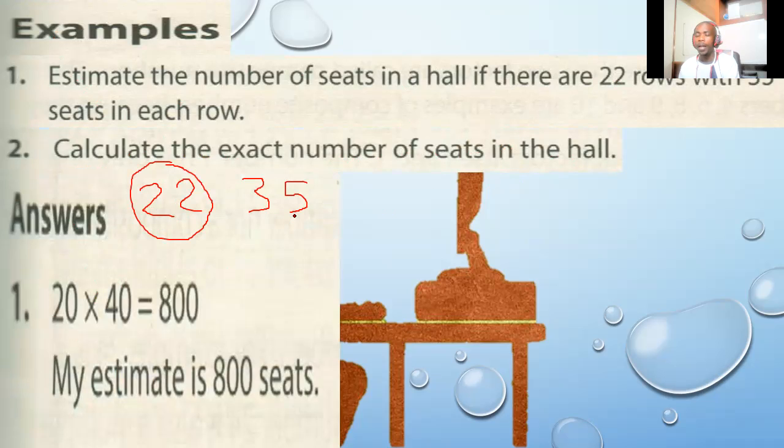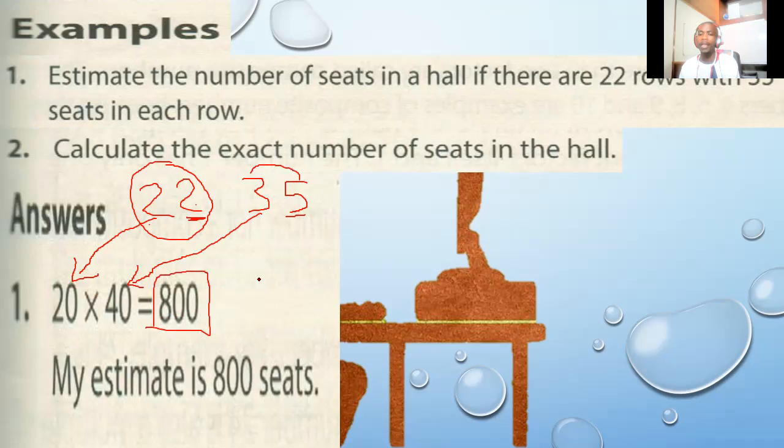If we round off this number, 2 is less than 5, so the tens does not change and this one becomes a 0. It rounds down to 20. This one, the units is 5, so it adds a 1 on 3, and it rounds up to 40. If we multiply 20 and 40, we get 800. This is our estimation.